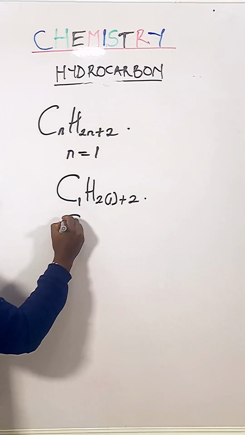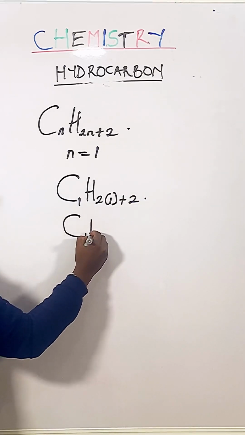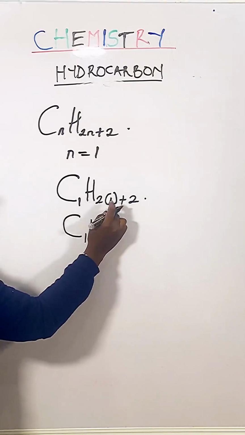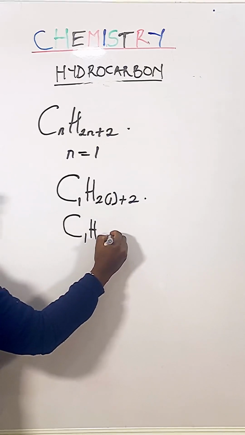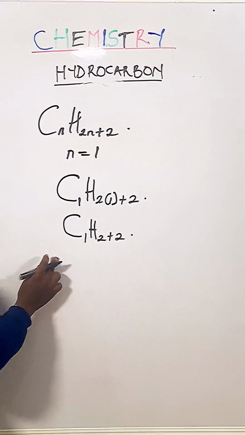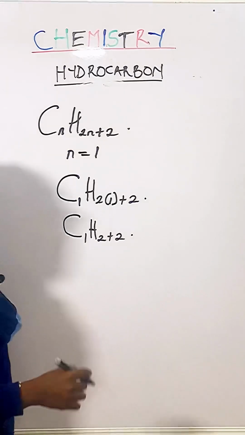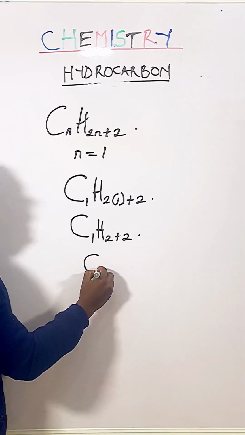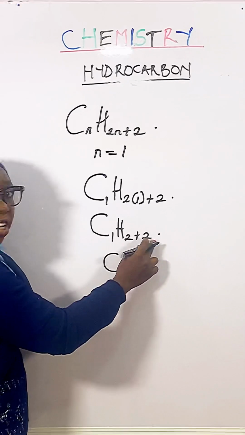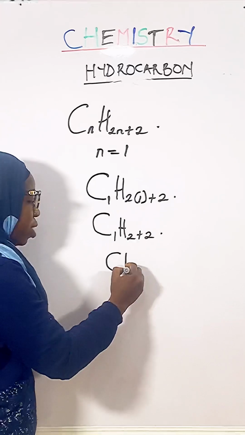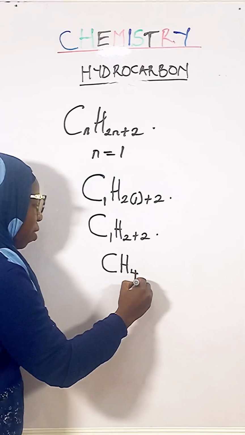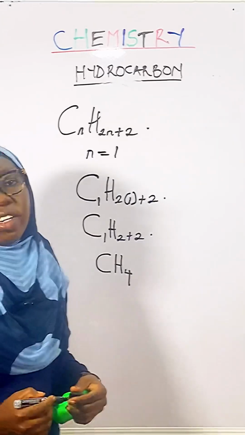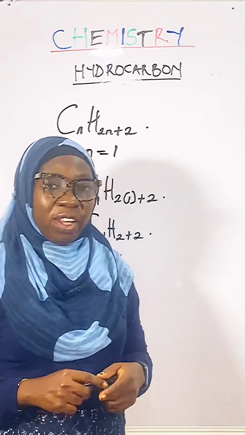So eventually we will have C1 again, H, 2 times 1 is 2, plus 2. Now remember, we don't write 1 in chemistry, so this one is going to go. So we have C, and 2 plus 2 gives 4. So it's going to be CH4, and that is the first family of the alkane group.